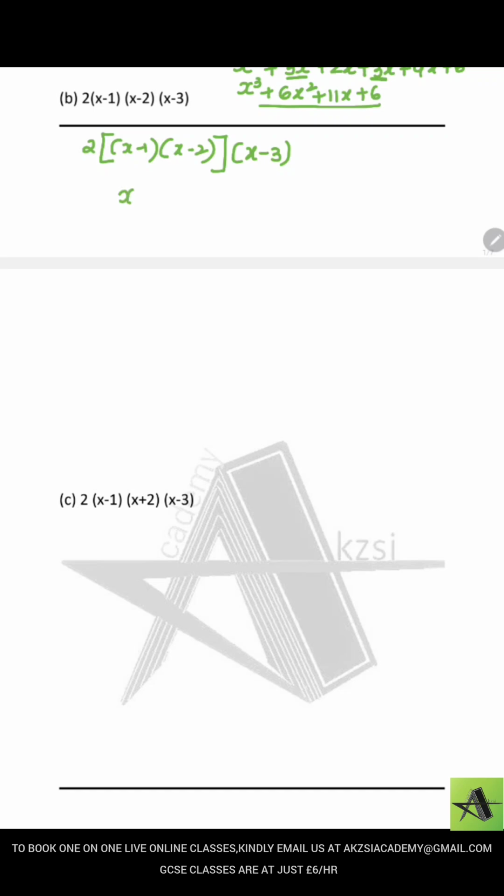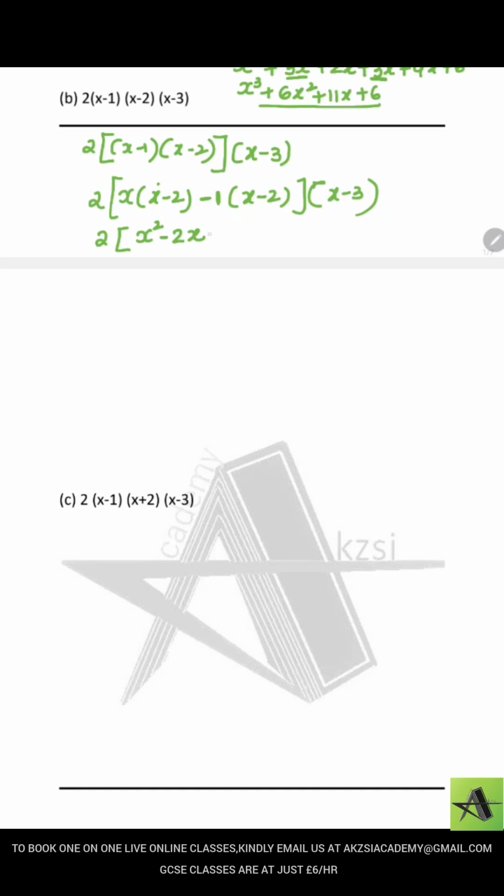So x times x minus 2 minus 1 times x minus 2, and here it will be x minus 3. Now simplifying the big bracket, I'll get 2 times x times x is x squared. x times minus 2 is minus 2x.